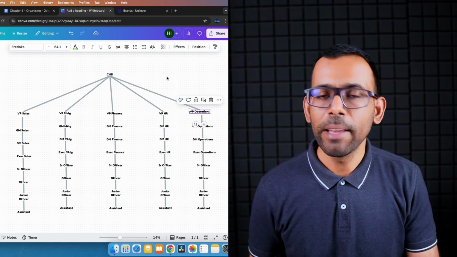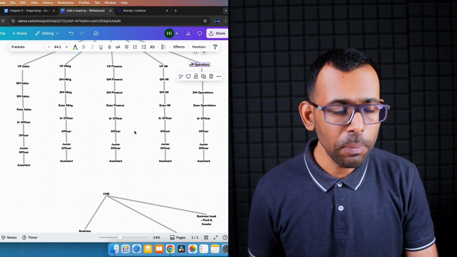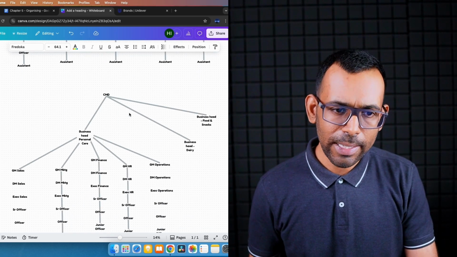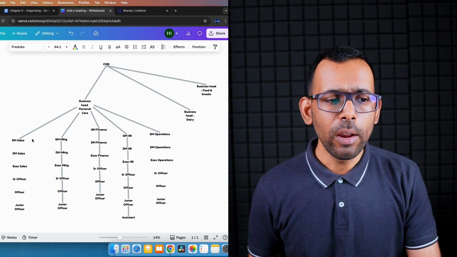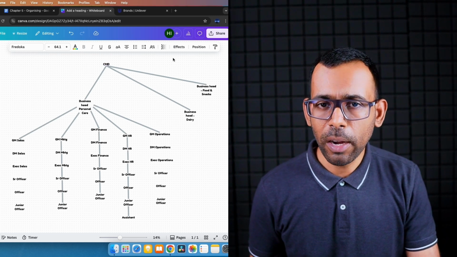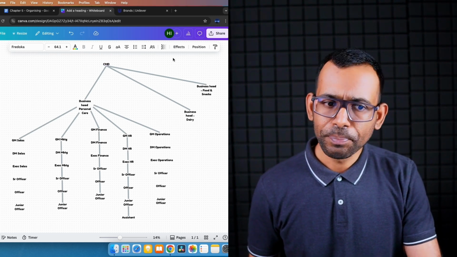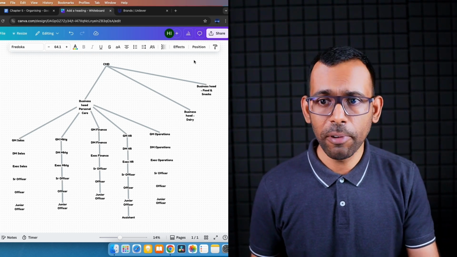So that saves cost. Functional structure is quite easier to establish and quite cheaper to run. But as I said just a while ago, in the divisional structure the template is intact. So if the company wants to expand to a new business, it can simply copy paste this template and create a new division. That's the advantage part.